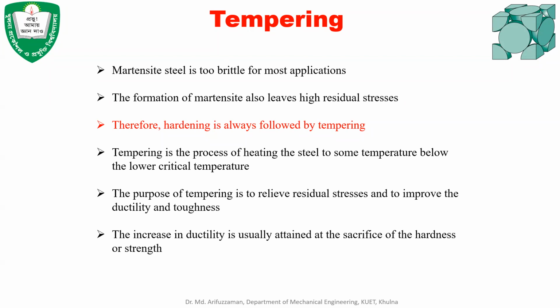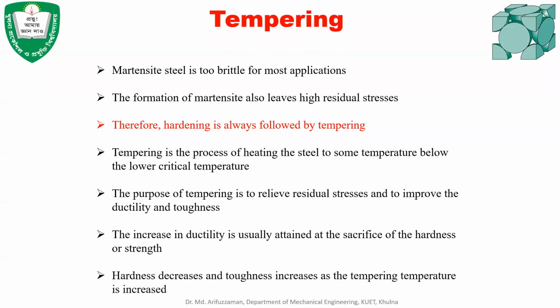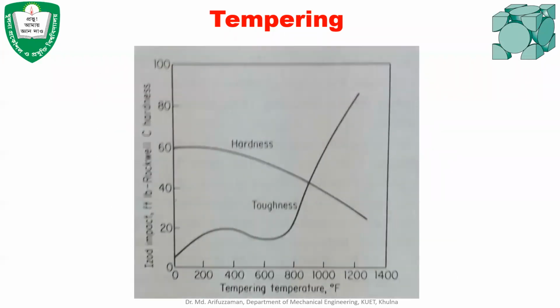That means at the sacrifice of hardness and strength, you can improve the ductility. Hardness decreases and toughness increases as the tempering temperature is increased. That means the higher the tempering temperature, the more hardness decreases and toughness increases. We'll see that in a different diagram, at various temperatures. We'll see how tempering works.